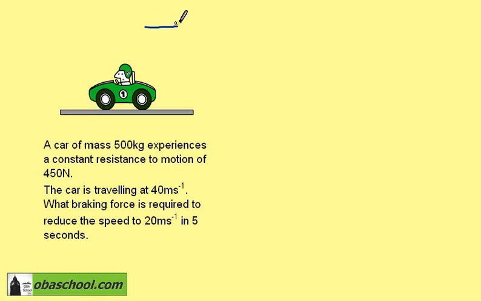Consider the diagram. The car needs to accelerate in this direction since we want to slow it down from 40 meters per second to 20 meters per second. There is a constant resistance to motion of 450 newtons, and we must also be applying a braking force to the car.